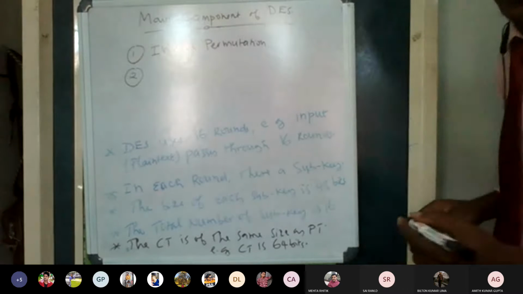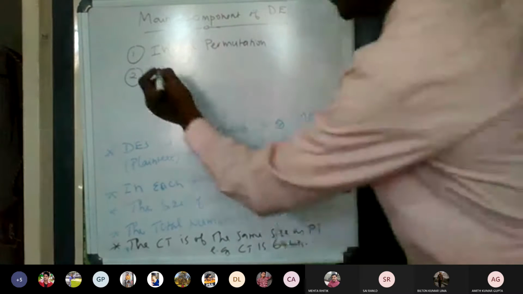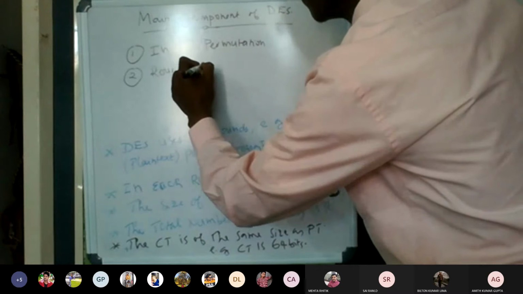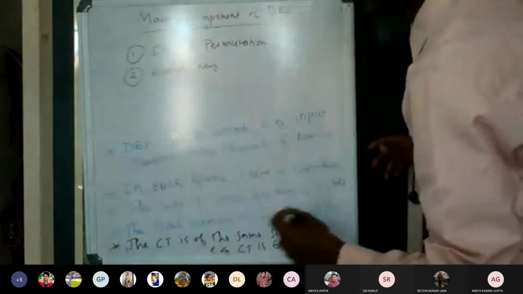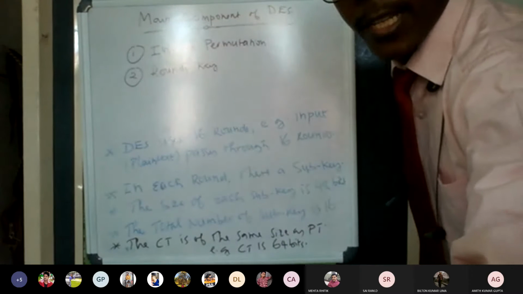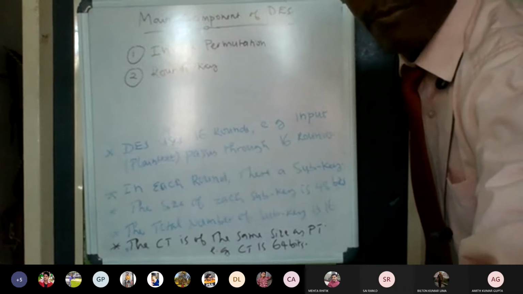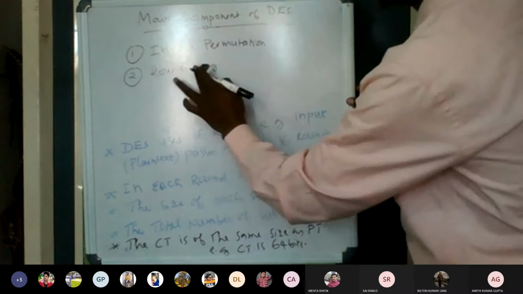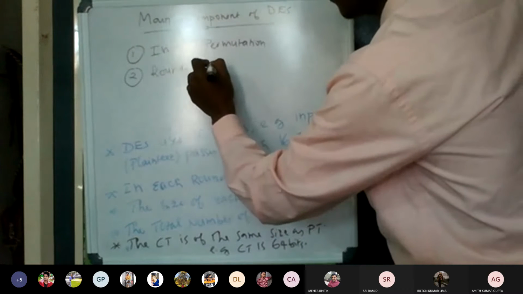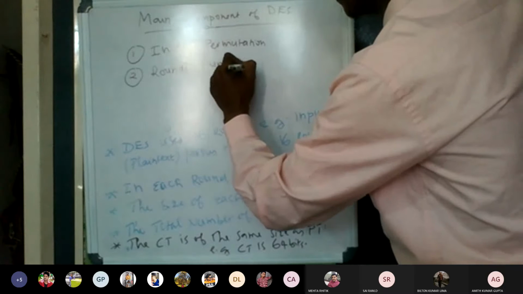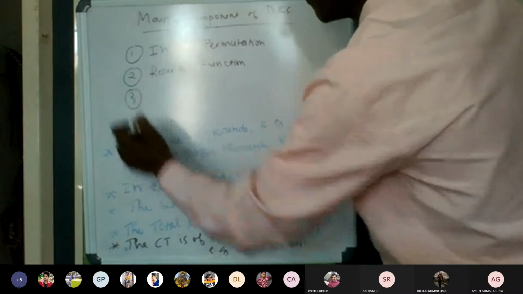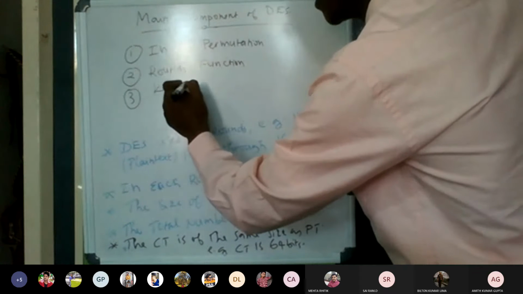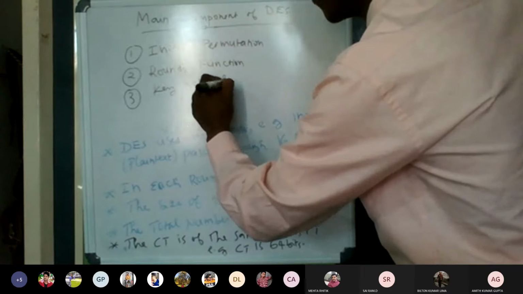We have the so-called round key, no problem. And the second component is the round function. Number three, we have the key schedule.